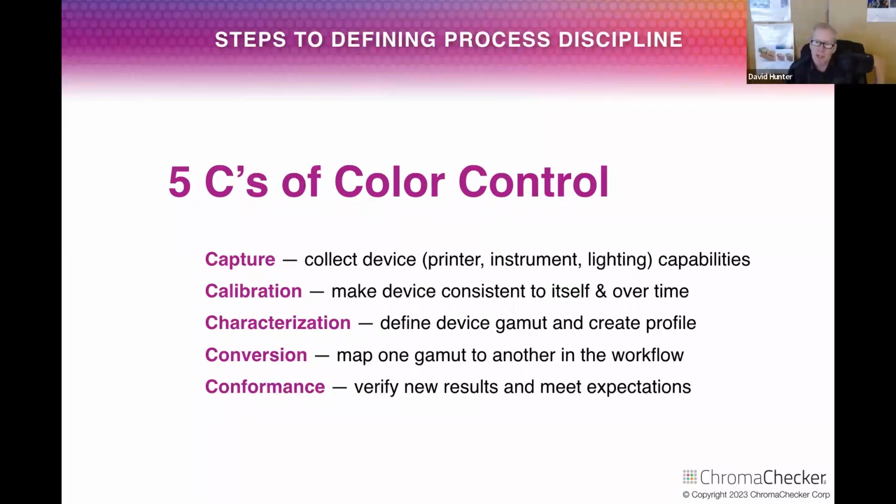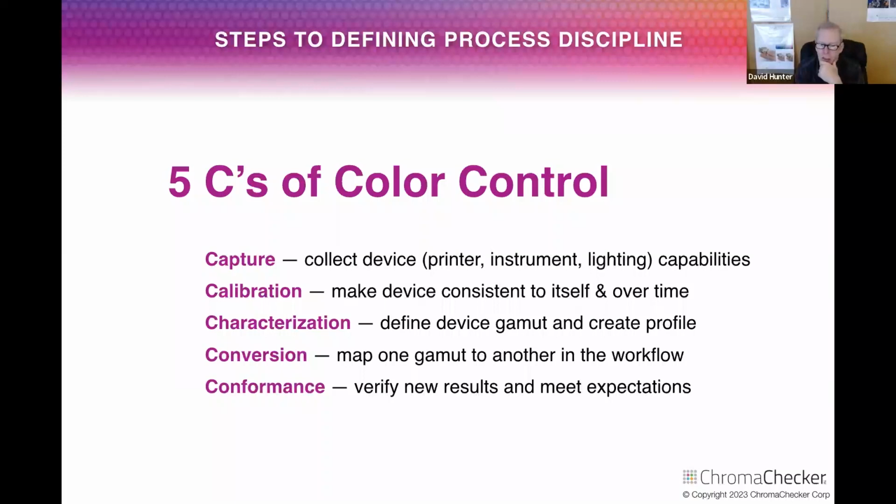Now, the conformance C is the ability to determine whether or not what you're capturing data for is meeting your expectations. And conformance tells us whether or not the instrument, the print, the lighting is to your requirements.